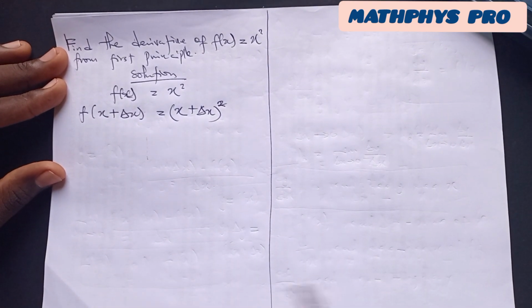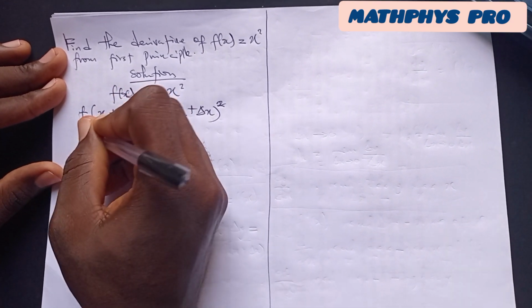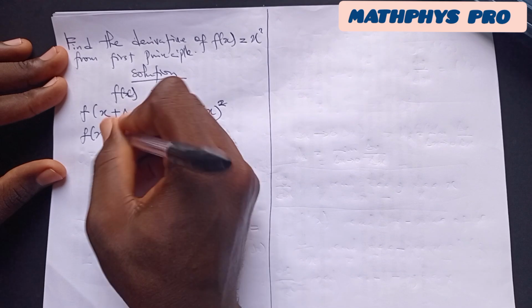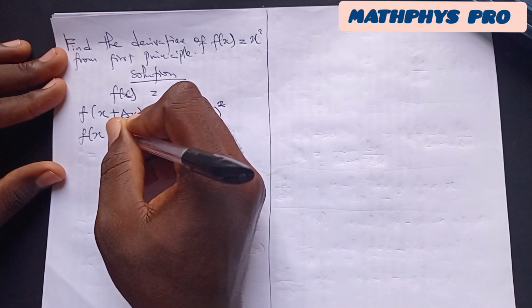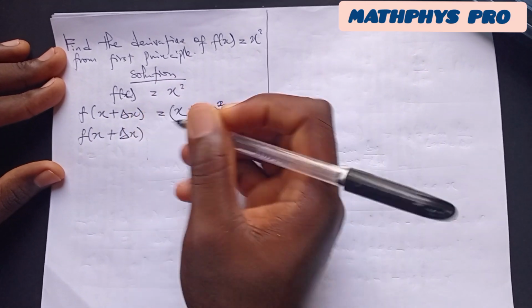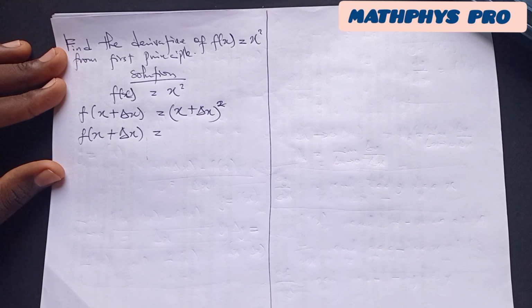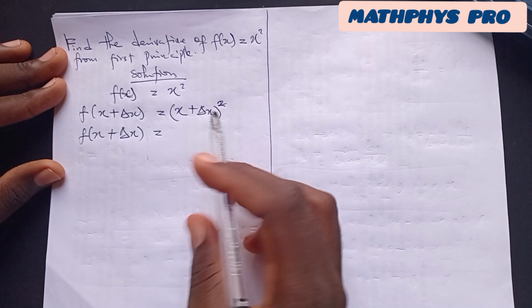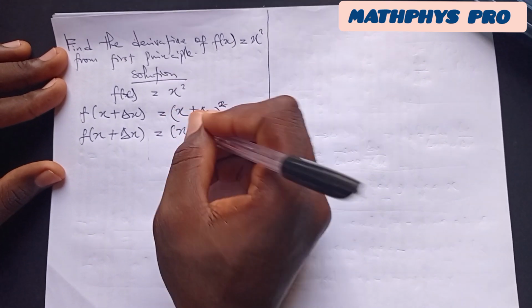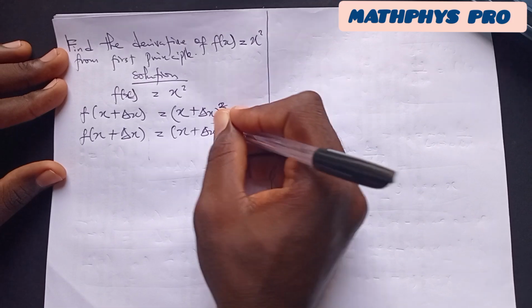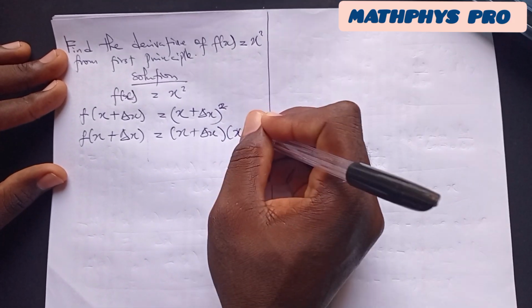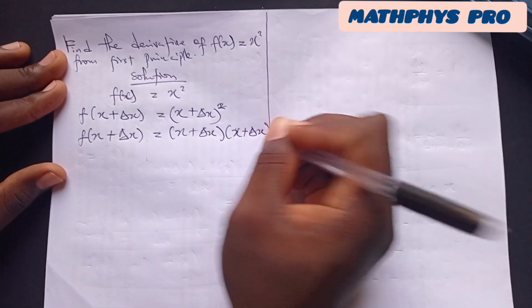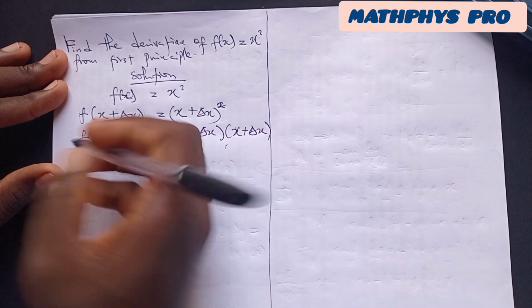So now the next thing to do, here we still have x plus change in x squared. If you expand this, you have x plus change in x times x plus change in x. So expand this, remove the bracket.